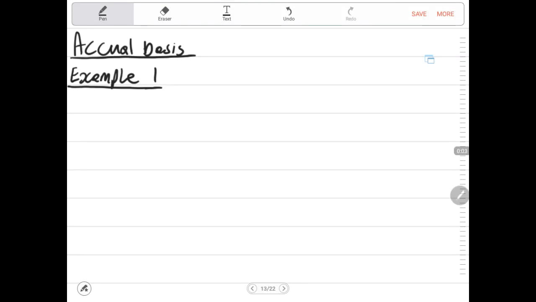I will be dealing with accrual basis today, and I will be constructing this accrual basis explanation out of my own random numbers just to explain the concept of accrual basis. Remember, when we say accrual basis, we are referring to the accrued income, accrued expense, prepaid expense, and income received in advance.